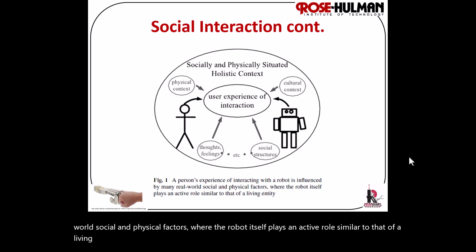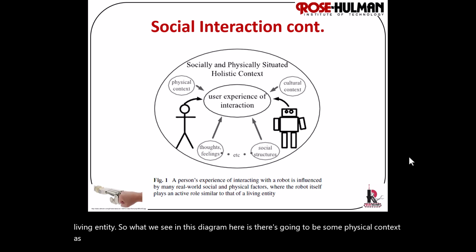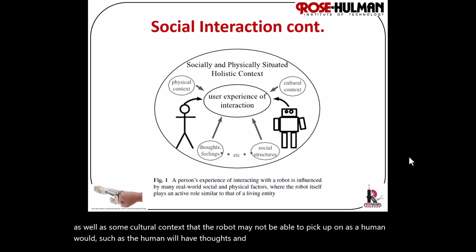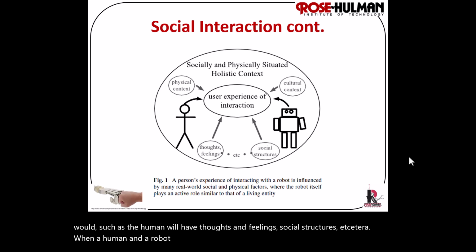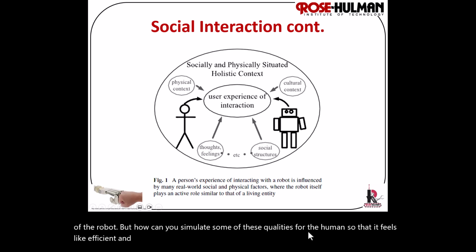What we see in this diagram is that there is some physical context as well as some cultural context that the robot may not be able to pick up on as a human would, such as the human having thoughts and feelings, social structures, etc. So when a human and a robot have to interact, it has to be about more than just the mechanics of the robot, but how you can simulate some of these qualities for the human so that it feels like efficient and effective dialogue, interaction, or conversation between the two.